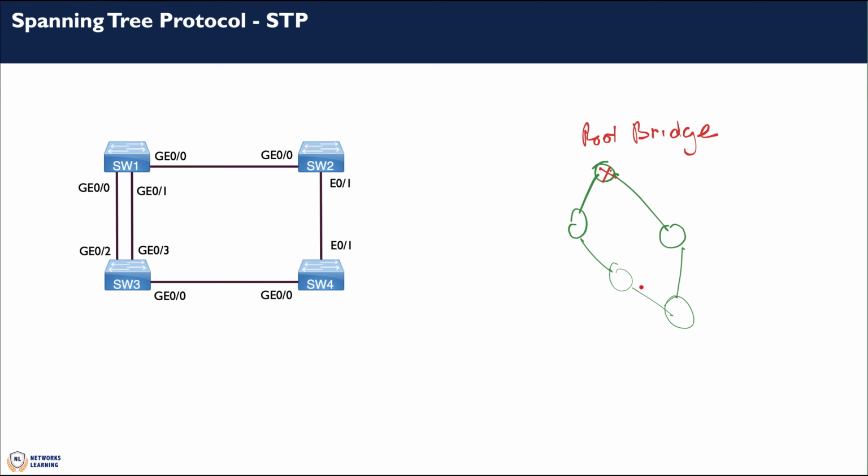So for example, let's say this port here would be put in blocking mode. By doing this, you have broken the loop and you have a loop-free topology. Essentially, this is what spanning tree protocol's job is: to determine the root bridge and break the loop somewhere in your topology. So let's take a look at the next few slides and start building up this process.